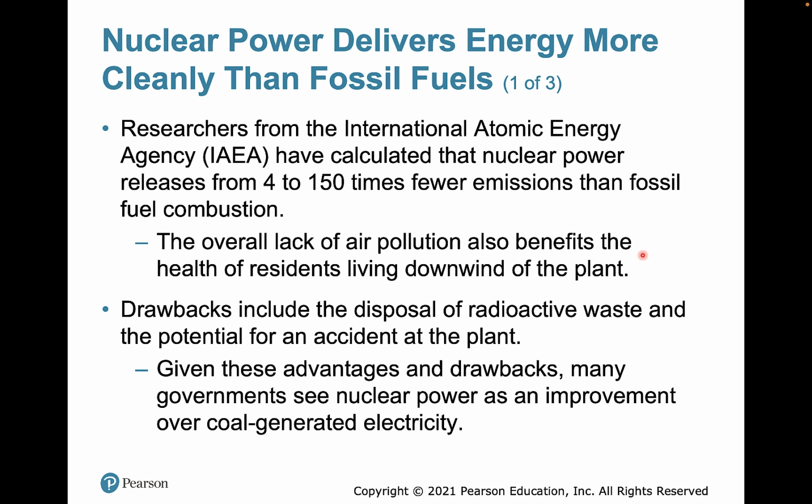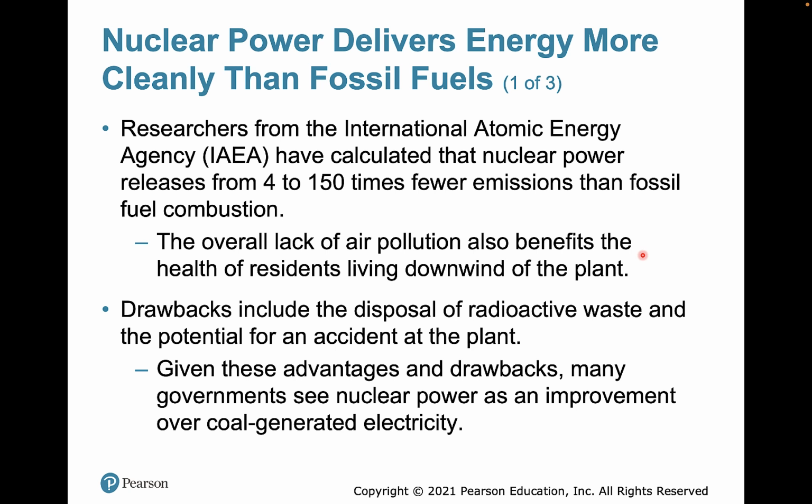The waste, we're going to talk about this, stays radioactive for a while. And then there's the potential for an accident at the plant. You know, the risk of disaster is small, but if there is a disaster, the disaster is catastrophic.